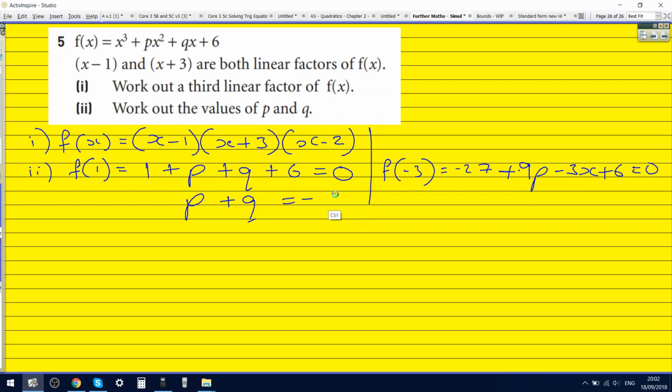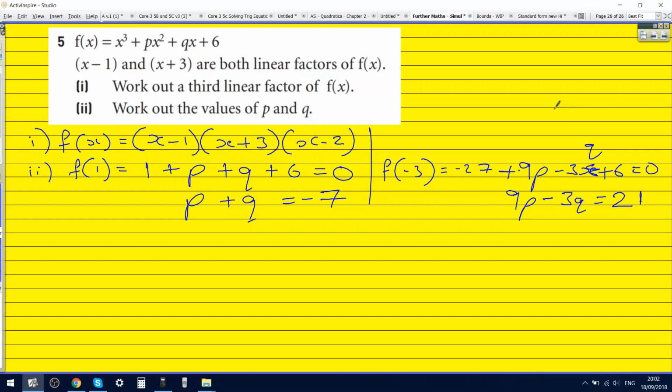Correct. Right. So then we have the f of minus 3 is minus 27 plus 9p minus 3q plus 6 is 0. 9p minus 3q is 21.